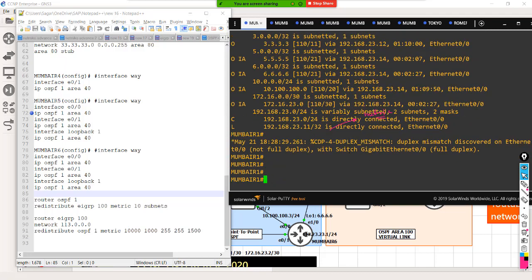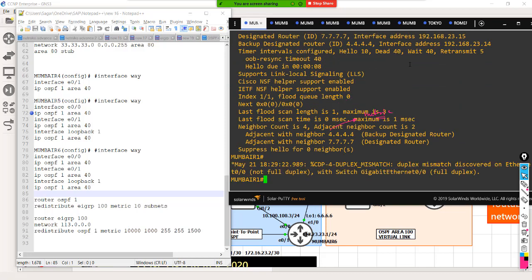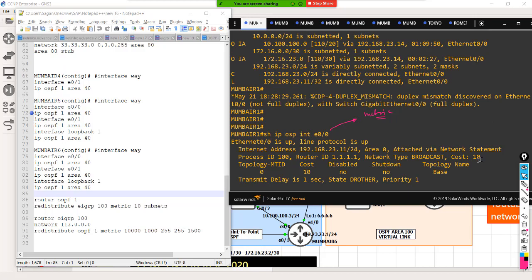How can I check that? I can check it on one of the other routers. Over here, if you see, OSPF is taking a cost value of 10 by default, because we are making use of Ethernet links. If I were using Fast Ethernet or Gigabit Ethernet, my cost would have been 1.